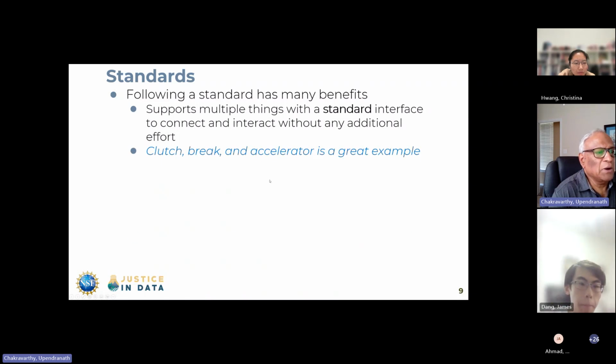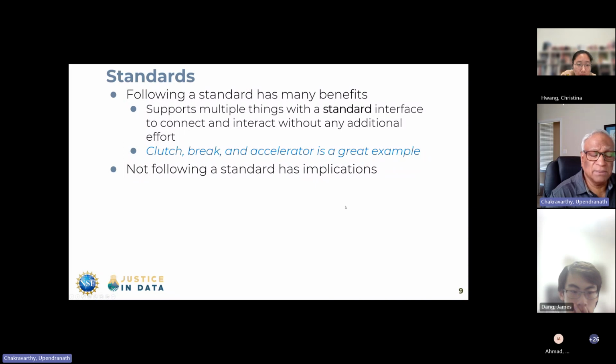So think of it, we have a standard interface for a car, clutch, brake, and accelerator. Just imagine a situation if that were not the case. Every car had a different thing that it used for that, how difficult life would have been. So even today, even with the press button start and other things, these are still the standards for how you are going to use a car.